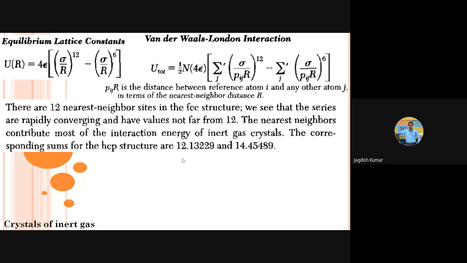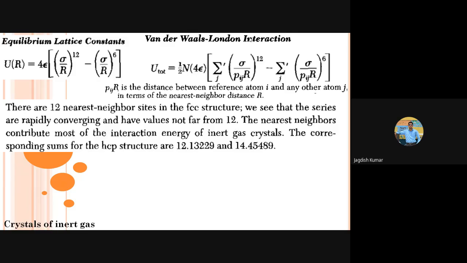So the interesting thing is that this long series, of course, there will be very large number of atoms, large number of neighbors for a reference atom. But then that series will converge close to 12. For HCP, this value comes out to be 12 point something. For the first summation and second summation, it comes out to be equal to 14.45.